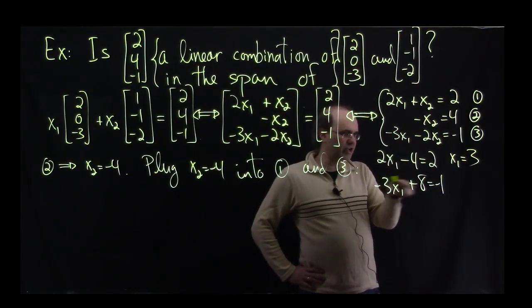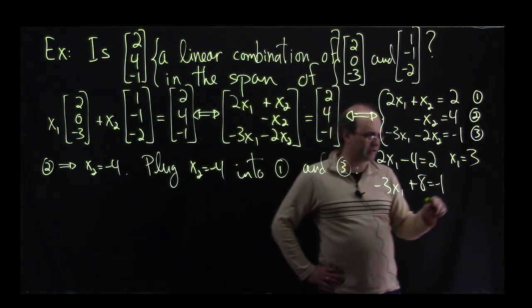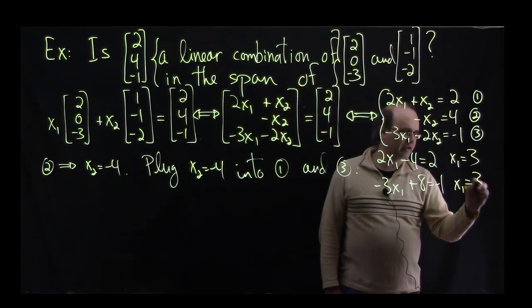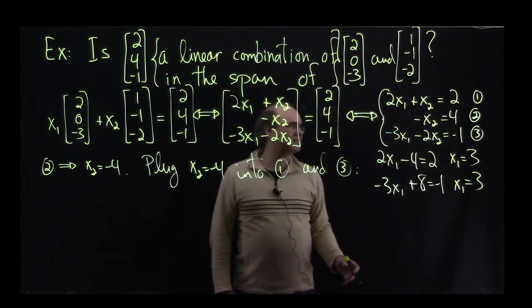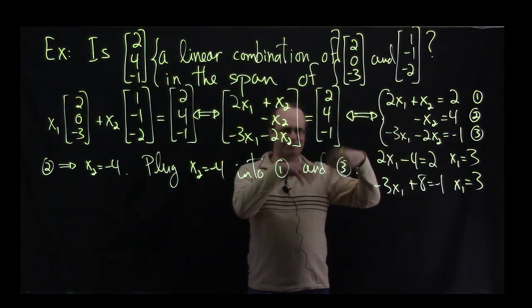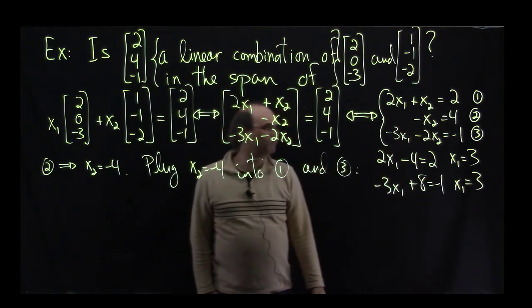Now we have to check whether 3 is also a solution of this last equation. Yes, if you solve this equation for x1, you'll get 3. This is a bit faster than writing the augmented matrix and doing all sorts of row reduction.